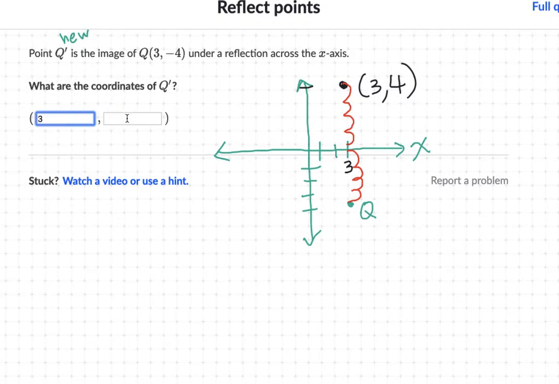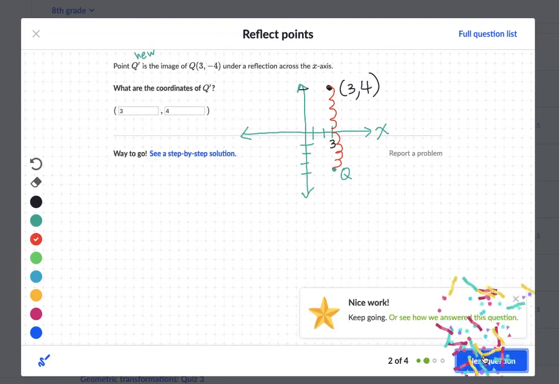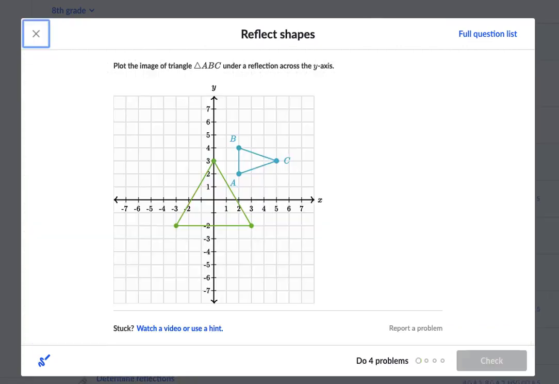So when they don't give you a coordinate plane, it's a little trickier. You're going to have to sketch things out a little. Eventually you'll figure out what it is even without sketching it out, because you can kind of imagine that if it's in this top quadrant, then all of them are going to be positive numbers.